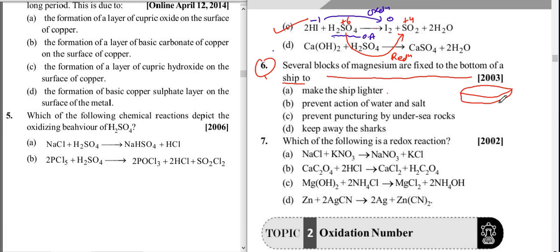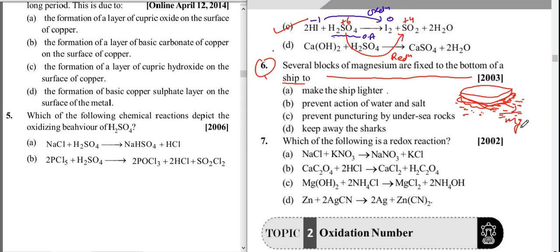Okay, I am taking a boat. Here some plates are kept, these are the magnesium plates. Here water is there, this water is salt water. In salt water, iron rusts very fast. So to prevent the corrosion of iron, that means to prevent rust, we are using magnesium.